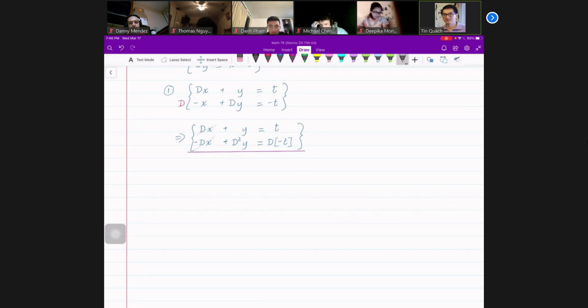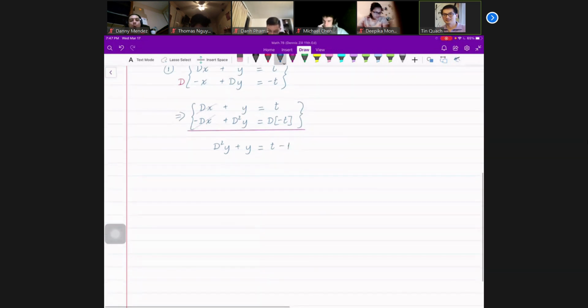So here what you have is D squared y plus y equals t, and the derivative of negative t is -1, okay? So now it should be easy. This is a differential equation that you learn how to do in section 4.4 or 4.5, right? This is a non-homogeneous differential equation.